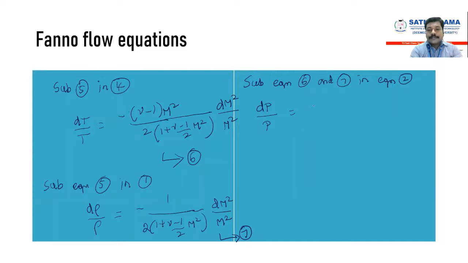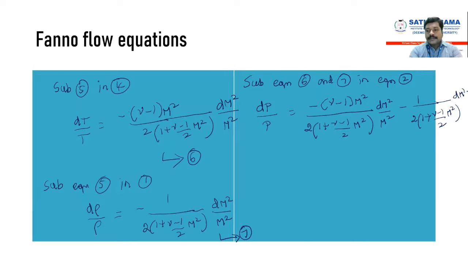Minus of gamma minus 1 M square divided by 2 into 1 plus gamma minus 1 divided by 2 M square, dM square by M square, and then minus of 1 divided by 2 into 1 plus gamma minus 1 divided by 2 M square, dM square by M square.